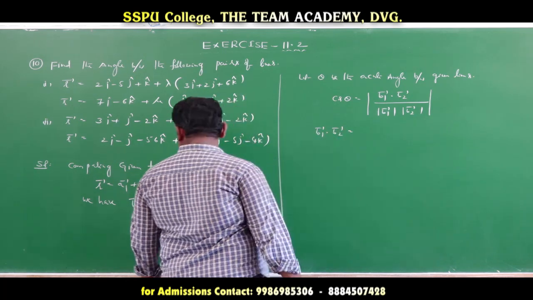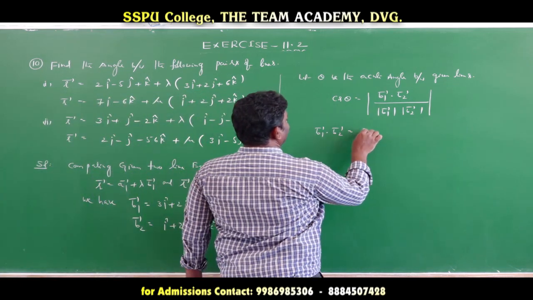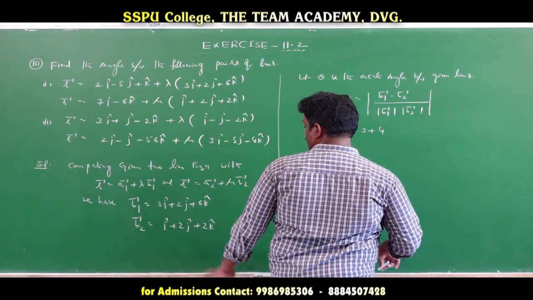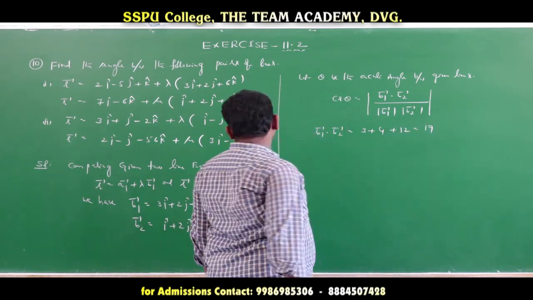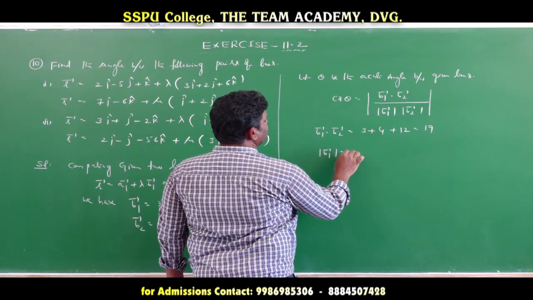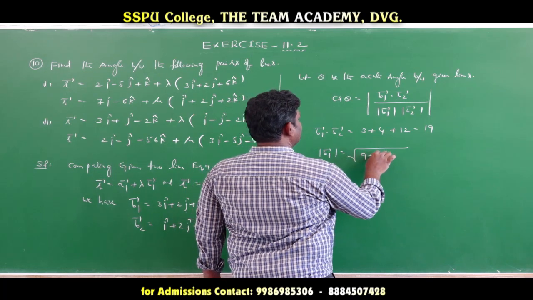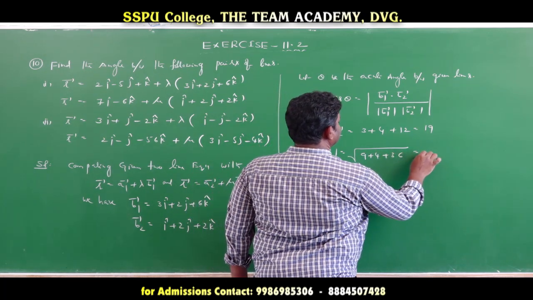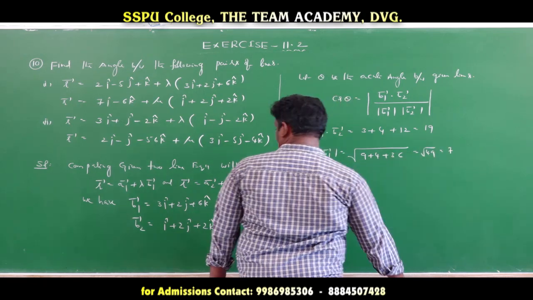B1 vector and B2 vector, Sima. Dot product: 3 into 1 is 3, plus 4, 2 twos are 4, plus 12, that is equal to 19. Next, magnitude of B1 is equal to square root of 9 plus 4 plus 36, square root of 49, that is equal to 7.